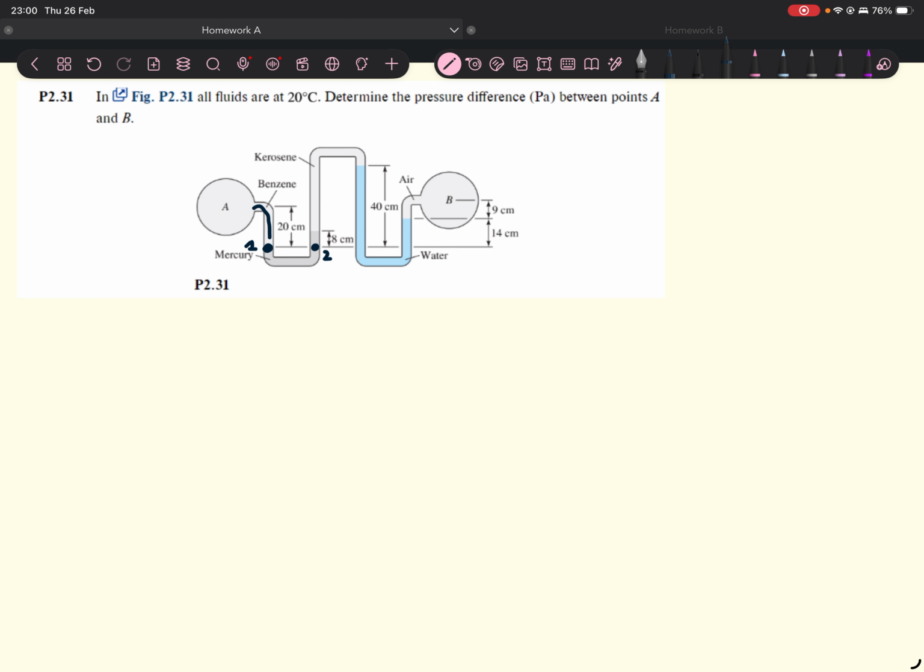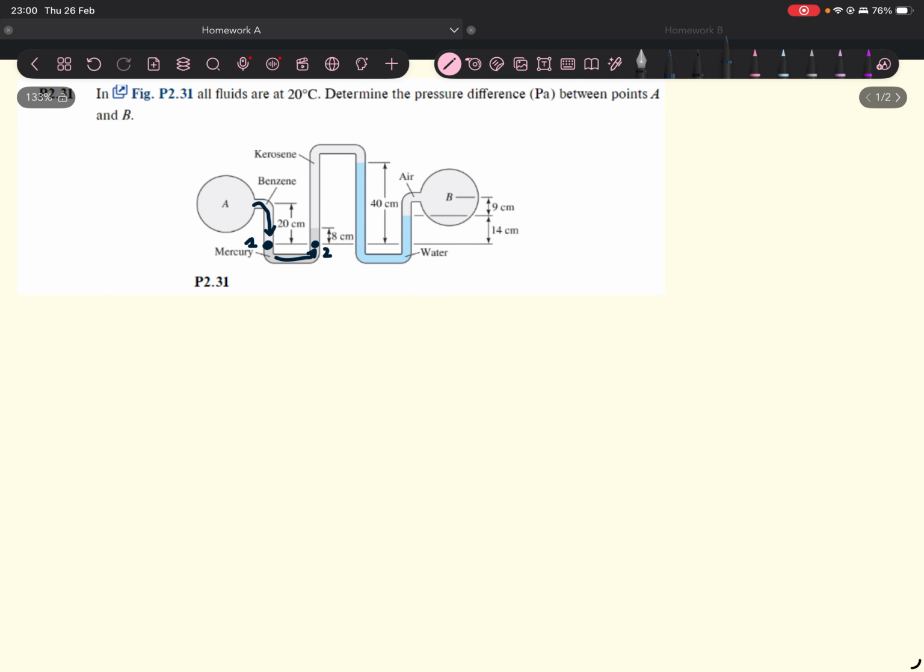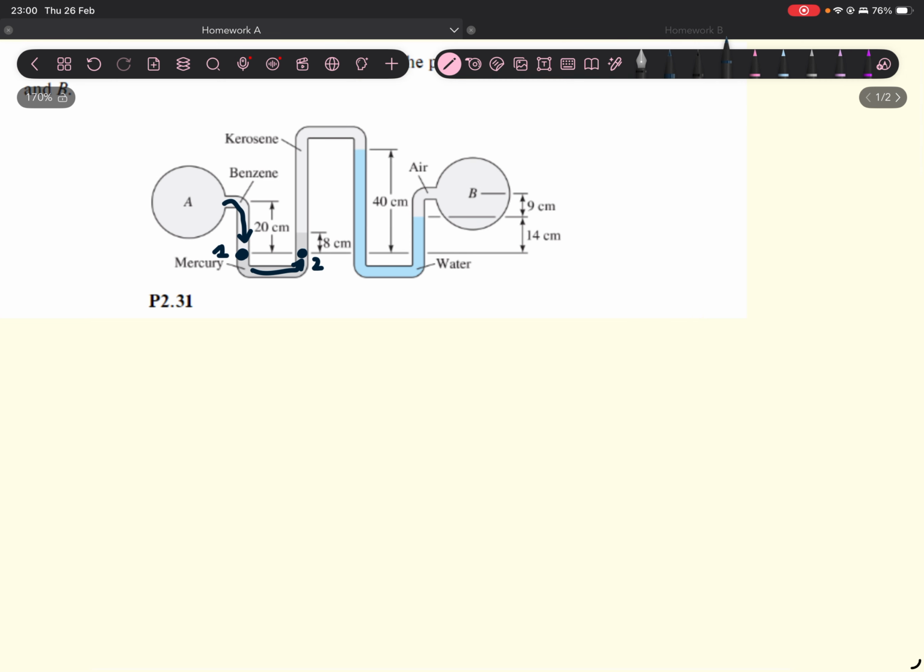So we're going down to P1, then up to P2, then wherever you see a change in fluid, we're going to label that as a different pressure. So we're going to call this P3. We go up, we have a change in fluid over here, so we call that P4. Going down, we reach our reference line again, so we call that P5.